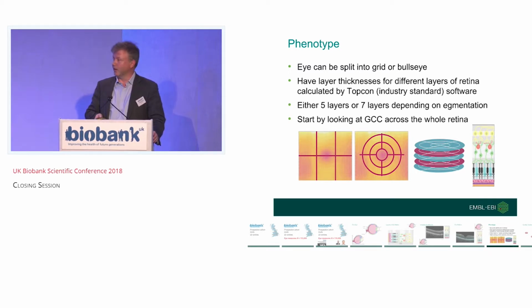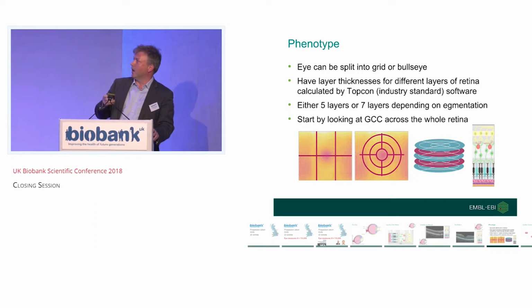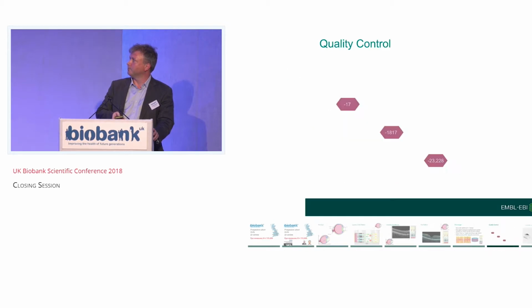The device to measure OCTs, TopCon, comes with software that will automatically segment these thicknesses and also produce this bullseye. And so over time, all the OCT scans have been processed through the TopCon. We're still waiting for the last 20,000 sets of scans to be processed to give us these measurements.